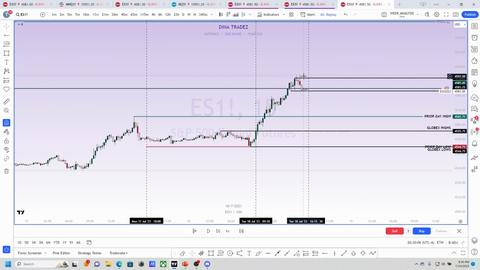That's why each day you have to have the confirmation of looking at what the overnight session is doing, in terms of the daily where we are, and at the open, what the structure is at the open. So if you take out the prior day low, if we take out Globex, you need candles to have continuation and confirmation for downside and upside.